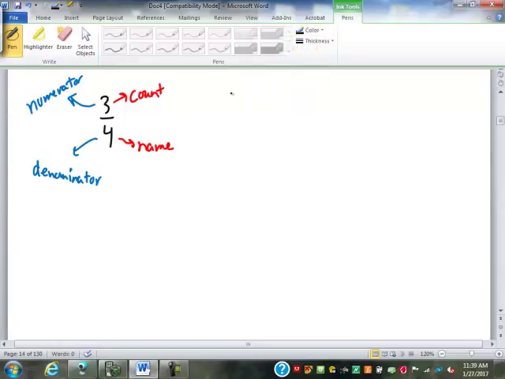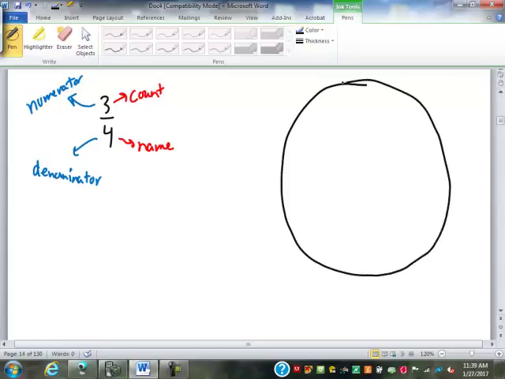So before we do too much more, let's illustrate what it means to be 3/4. I'm going to go back to the old elementary school representation. Pretend that looks like a circle, and think of a pie or a pizza. The name fourths means that it's cut into 4 equal pieces.